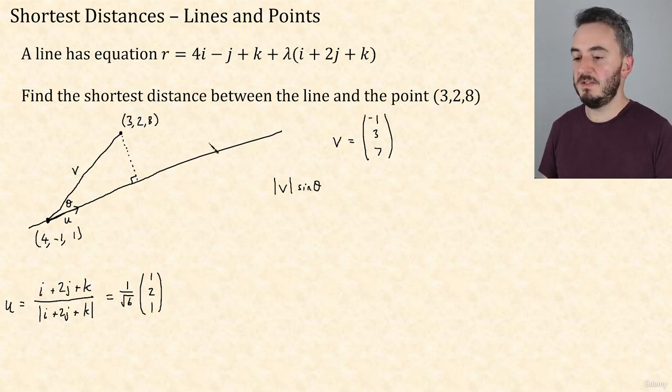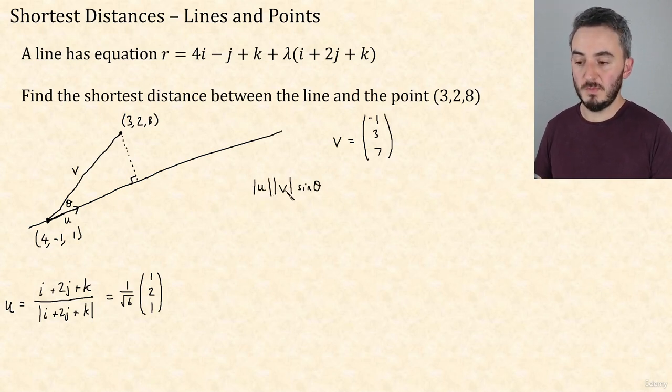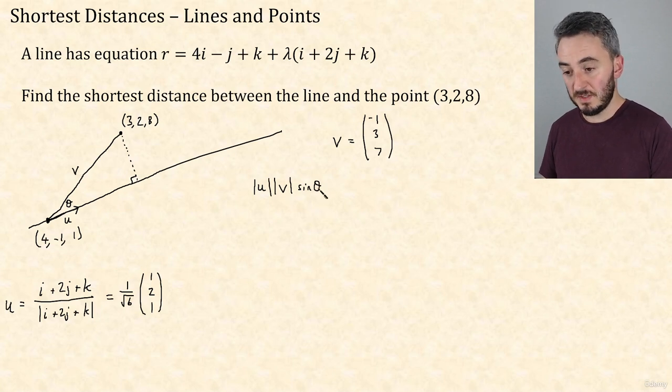And here's the really sneaky bit. What I can do is say, give me the modulus of u times the modulus of v times sine theta, because theta is indeed the angle between v and our little unit vector, and the modulus of u is just 1.